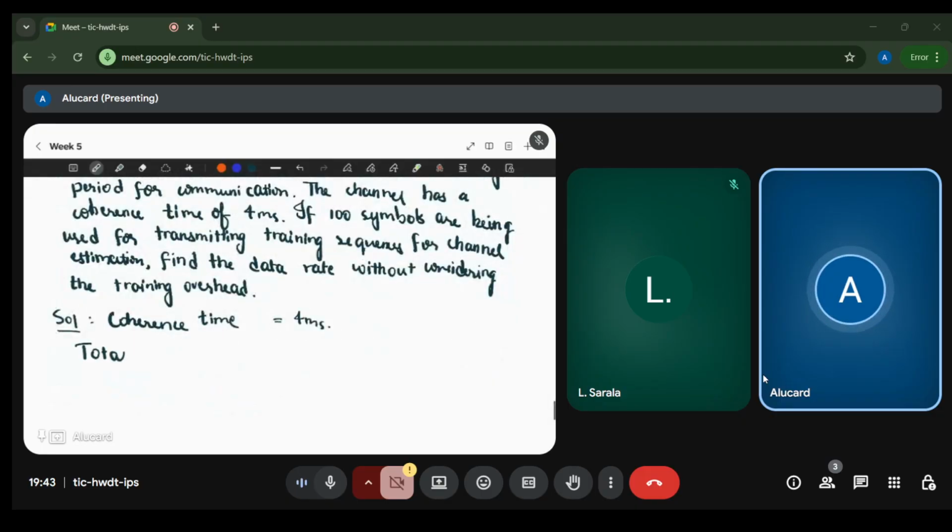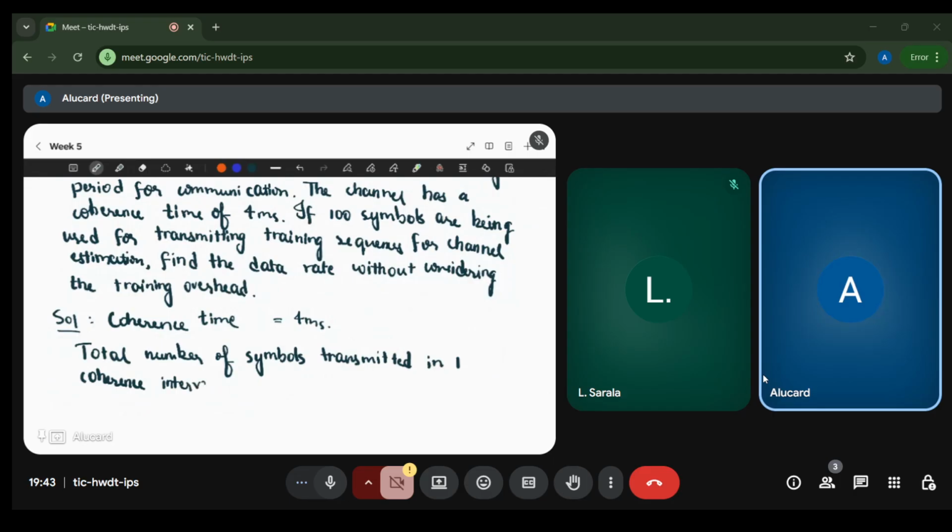So the total number of symbols transmitted in one coherence interval is Tc by Ts, where Ts is symbol duration.